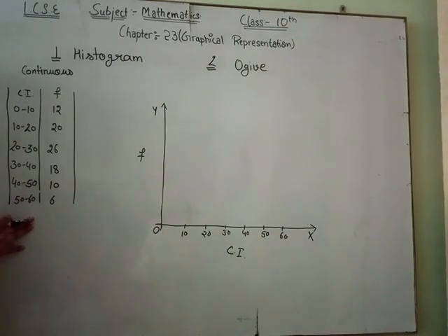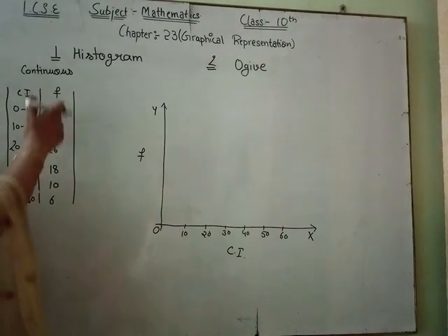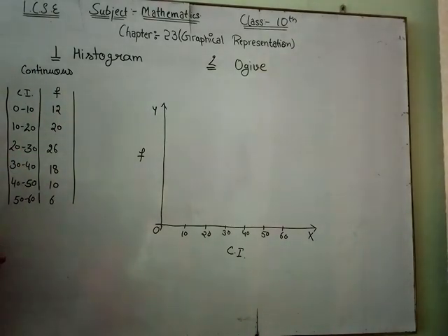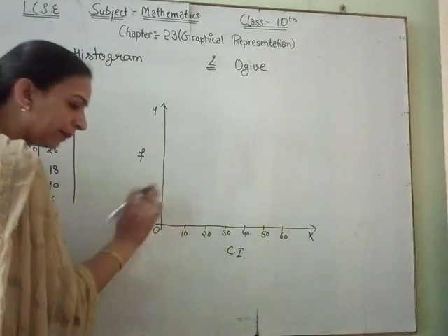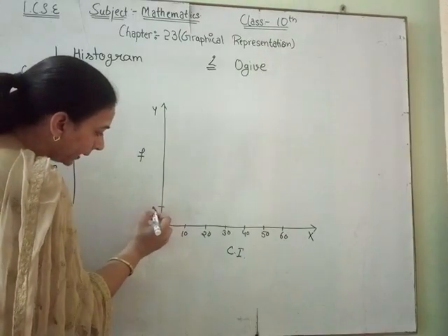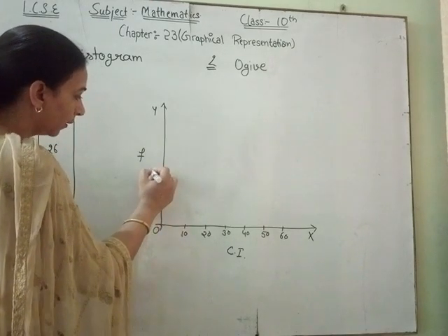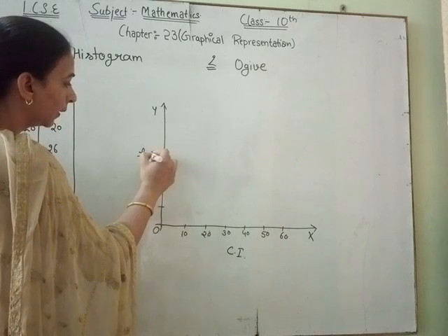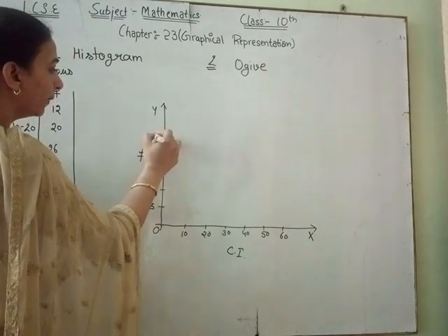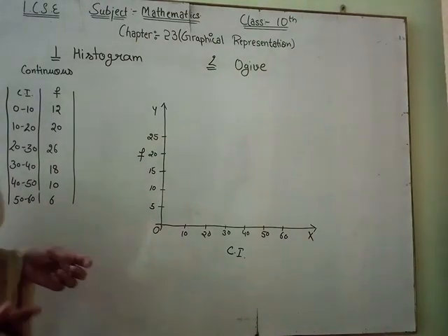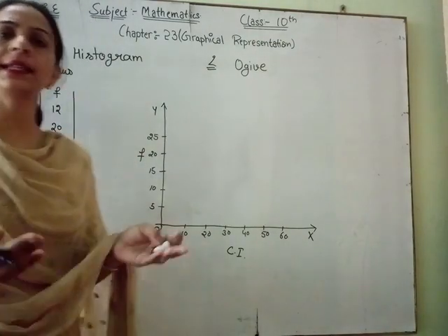Because the last class interval upper limit is 60, on the y-axis we can take a scale of 5, 10, 15, 20, 25, or 2, 4, 6, 8, whichever suits.